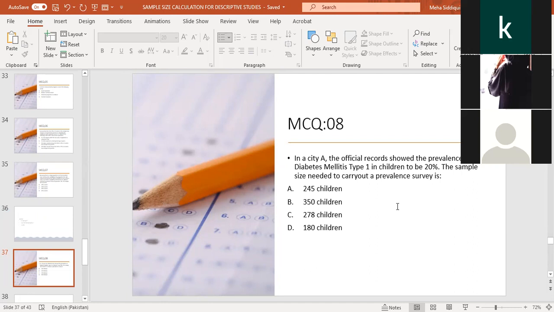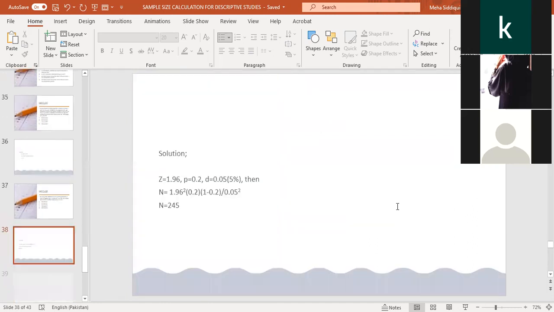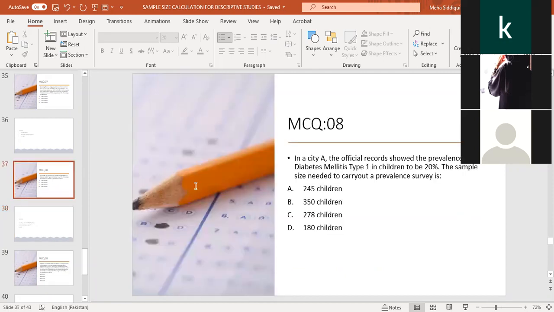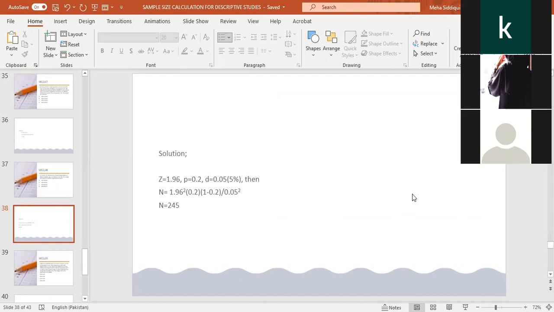So the correct answer is A, that is 245 children. How we calculated that: Z score was 1.96, that is at confidence interval of 95%. P is 0.2 because we discussed that prevalence was 20%, that is 0.2. And d is 0.05 at 5%. Then applying all these values, we get a sample size of 245.